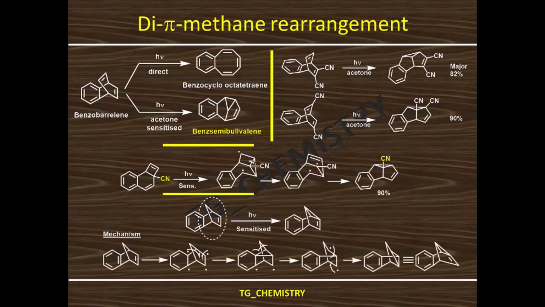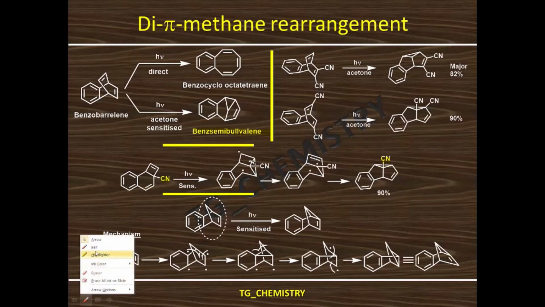Another example is the benzo-fused bicyclic system. So this is the dihydronaphthalene, you can say, in that sense. If it goes with photo irradiation in presence of the sensitizer, it will form the dihydrocyclopropyl product, and the mechanism you can see over here is as shown, which involves the di-pi-methane rearrangement reactions.